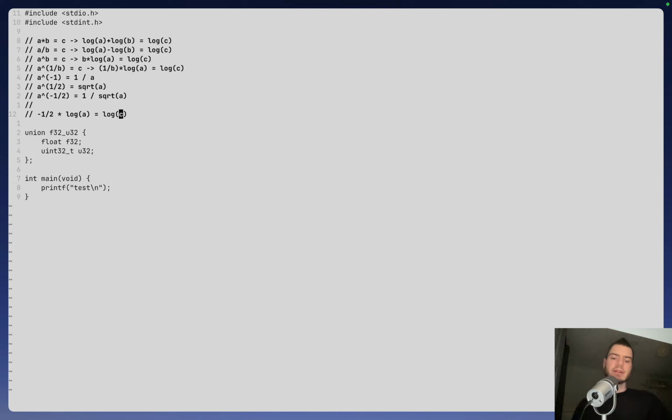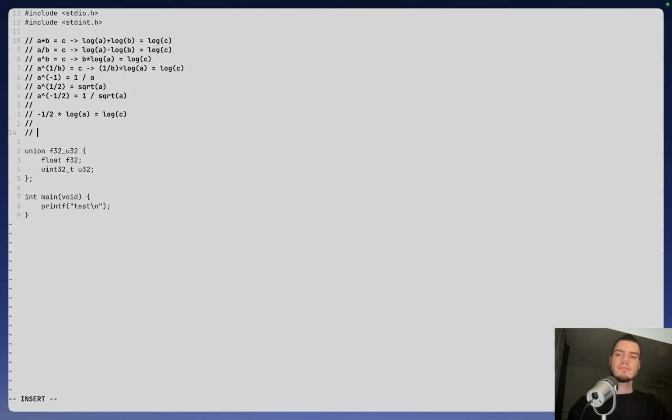Actually, let's have a look at that. Let's think about the floating point value 0.0. How would that be represented in bits?